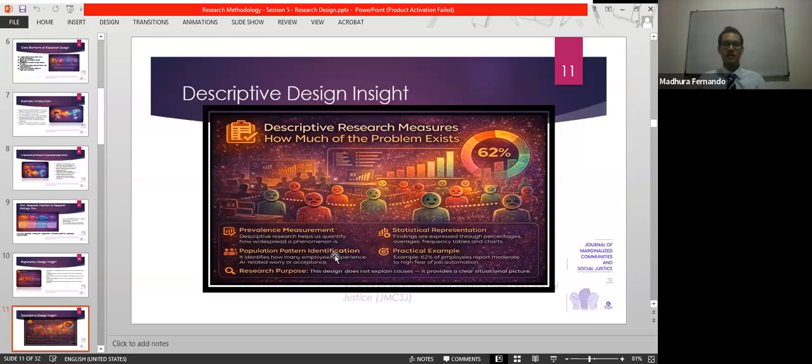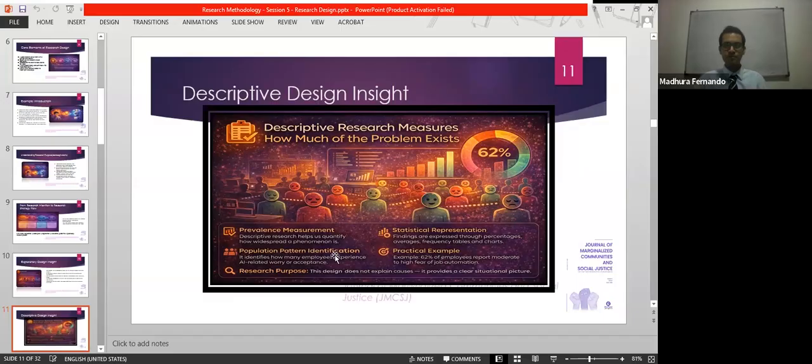What is the higher number? You can compare, and you can find how common this absenteeism, or this variable, occurs. How common? That is the prevalence, right? Prevalence measurement. Descriptive research helps us quantify how widespread a phenomenon is.